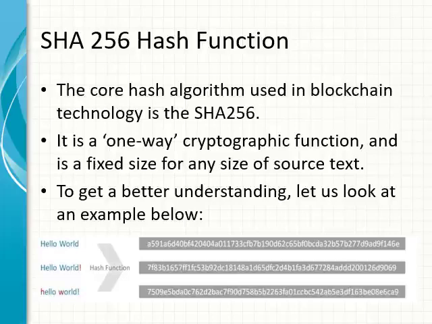Whatever text you give, it will convert into a fixed length output, and you can see in the figure, "hello world" is converted into the hash value. It is difficult to interpret this hash value, and if we try to change the input, the hash value will also change.